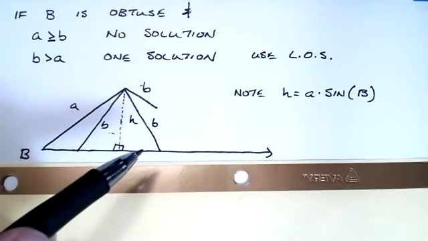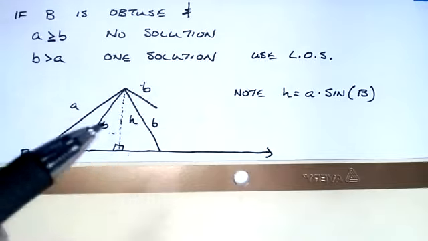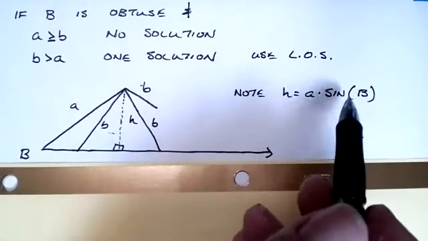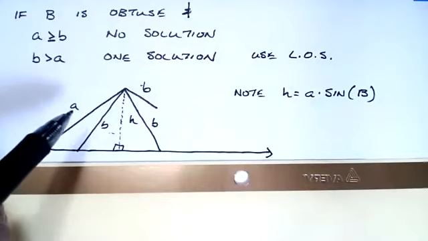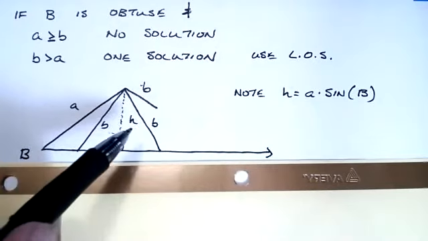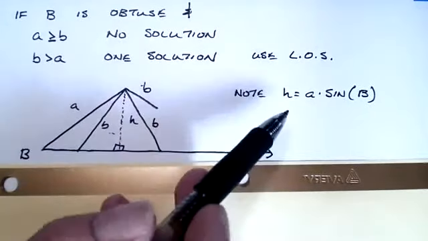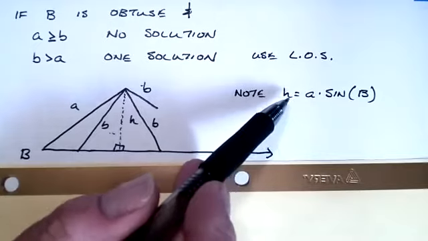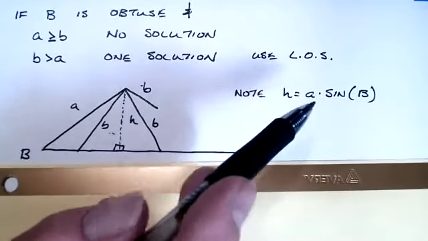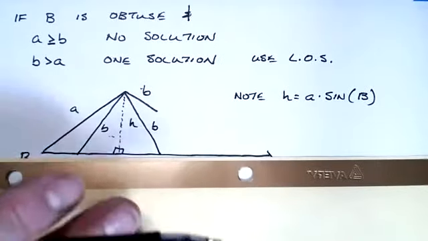Now, recall from our discussion about finding areas of triangles and other situations, we said that the altitude of a triangle is, you can solve sine of B is h over A, so h is equal to A sine B. And if B is less than this altitude, then it will never reach the terminal ray, and so you have no solution.